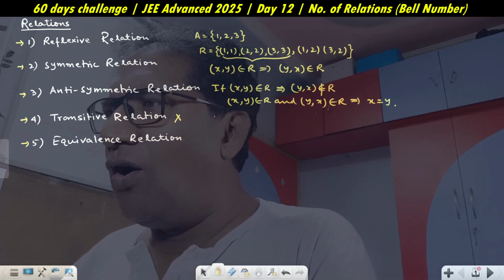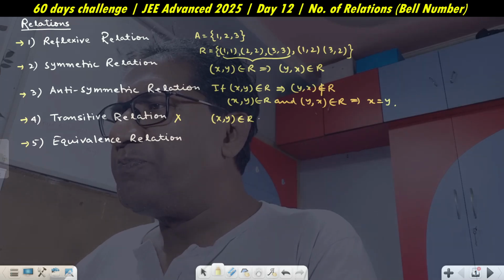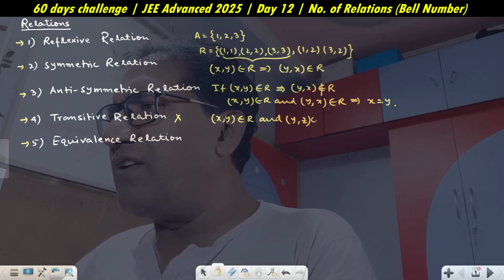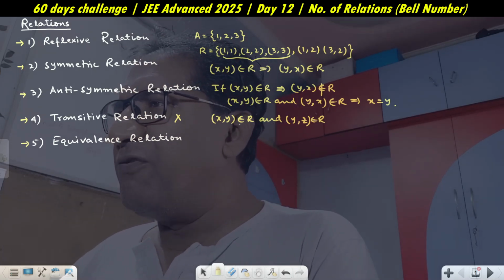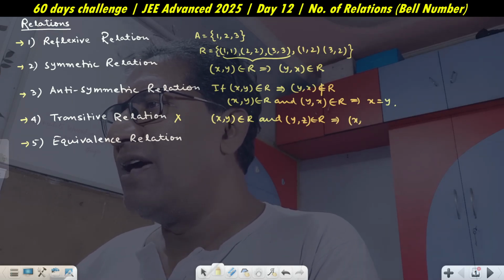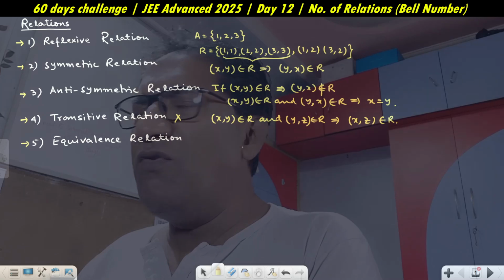Transitive relation we all know, though we will not need this because we don't have any method to find the number of transitive relations. But I'm stating the definition, that is why I'm telling you. If (x, y) belongs to R and (y, z) belongs to R implies (x, z) must belong to R. Okay, that is a transitive relation. Now, what is an equivalence relation?